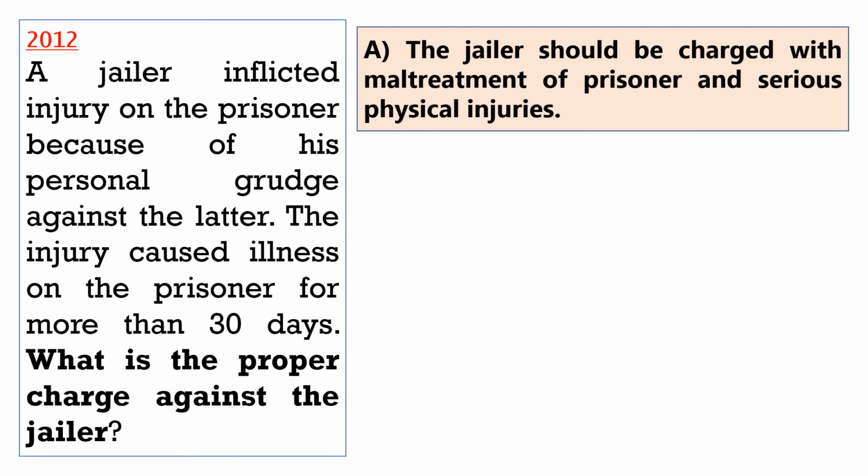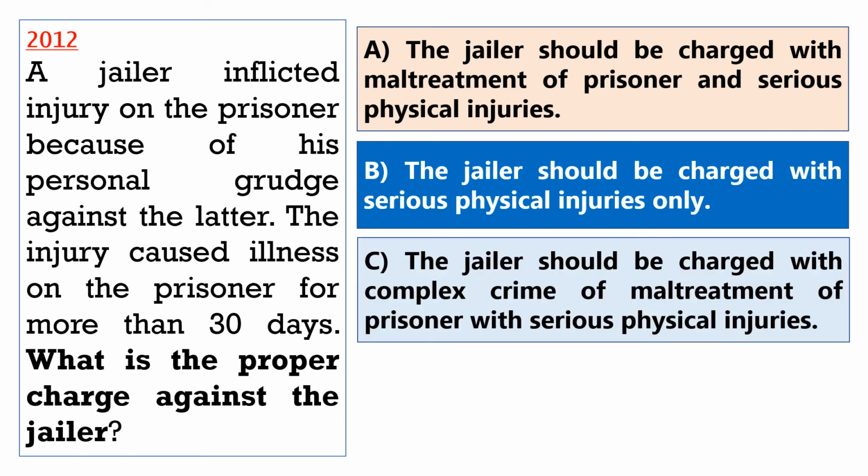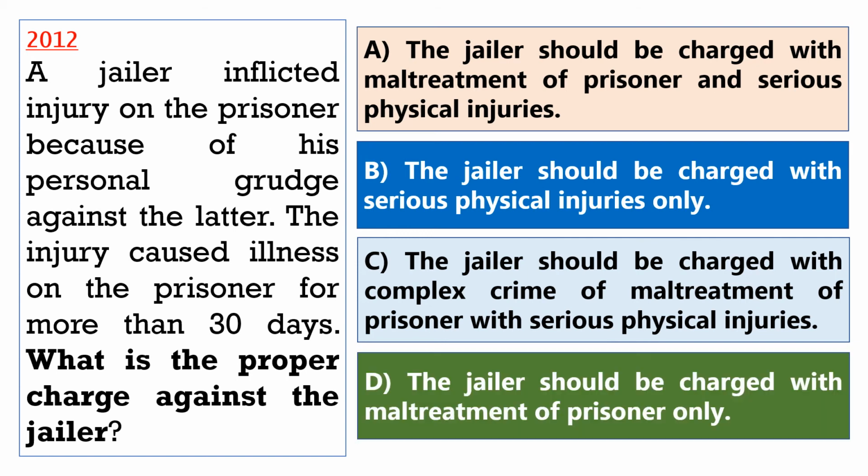Choices are, number 1, the jailer should be charged with maltreatment of prisoner and also serious physical injuries. Number 2, or letter B, the jailer should be charged with serious physical injuries only. Number 3, the jailer should be charged with complex crime of maltreatment of prisoner with serious physical injuries. And letter D, the jailer should be charged with maltreatment of prisoner only.